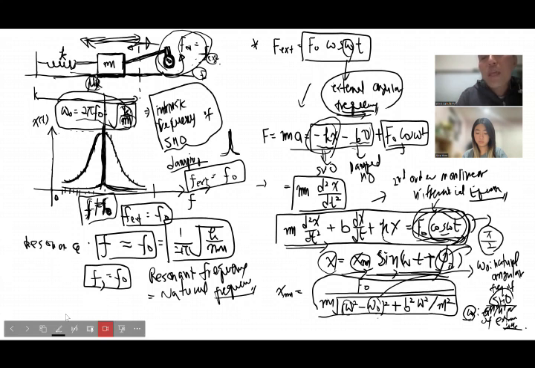So omega is the control variable. You can change the omega or frequency because that's what you can add into the given system externally. Let me change the color of this pen. You can make this external motor run faster or slower, right? So you can choose the frequency of this external force as you want.